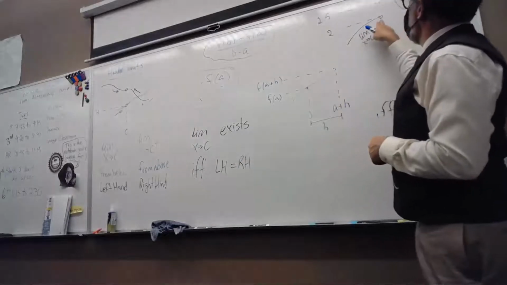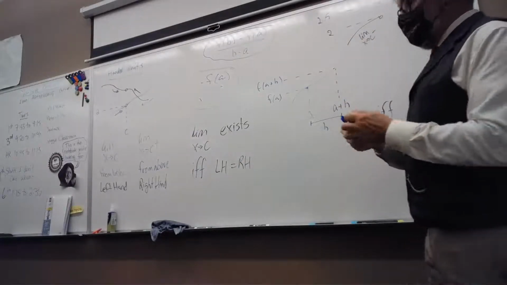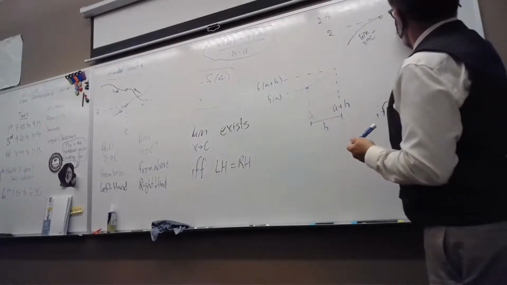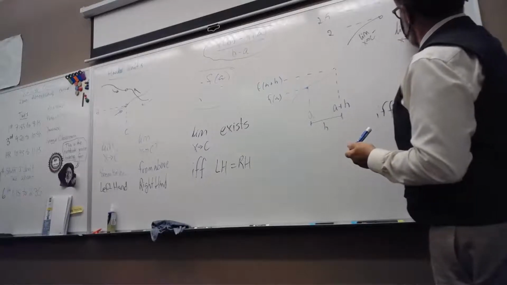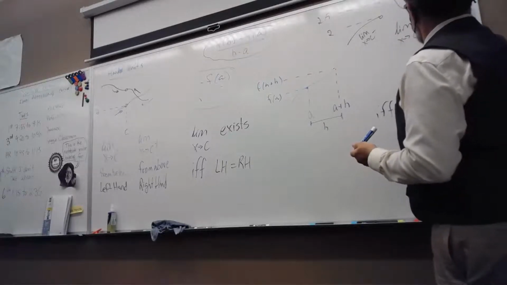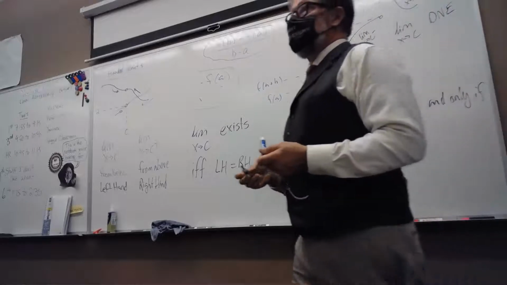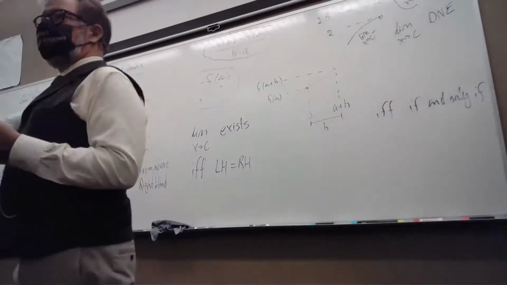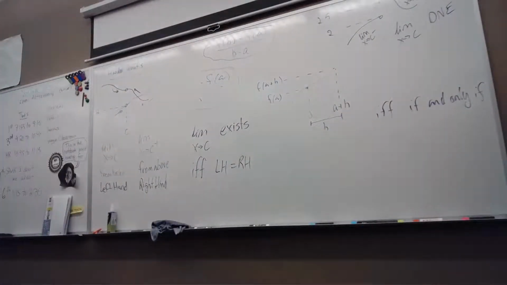Bernie's headed here, Betty's headed there. Limit does not exist. The left-hand limit exists, 2. The right-hand limit exists, 2.5. But the limit at that point does not exist because they have to be equal for there to be a limit. All right?